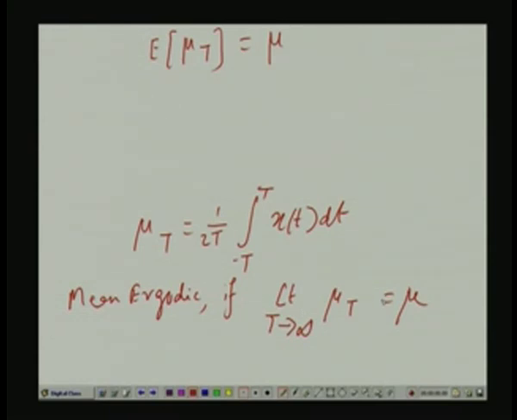Here it is the mean square sense, that is, the difference between mu T and actual mu. Mu is constant, mu T is a random variable, and mu T minus mu is an error. If you take the variance of that, that is the expected value of (mu T minus mu) squared, that should become smaller as capital T becomes high, so that should tend to 0.